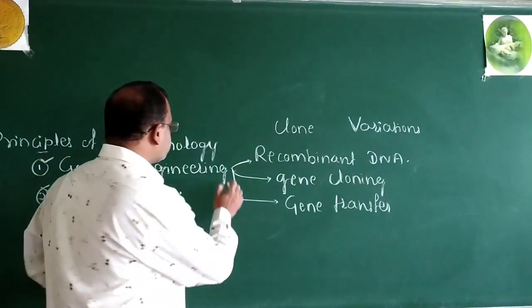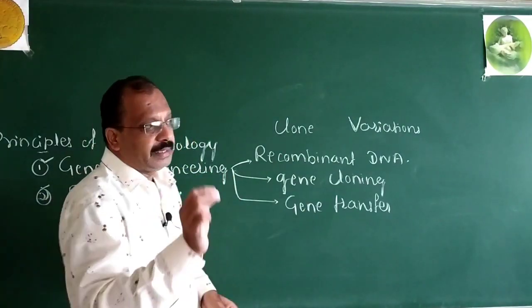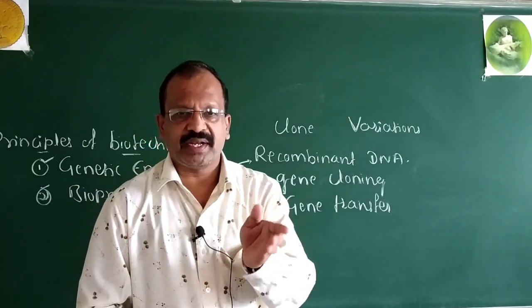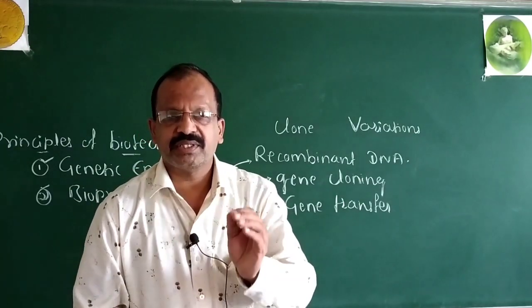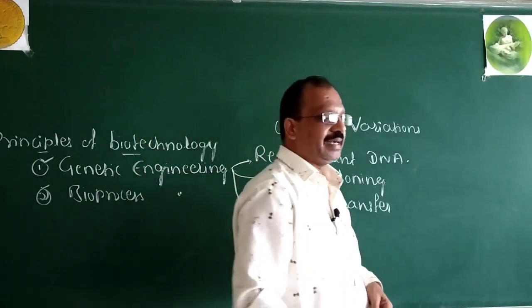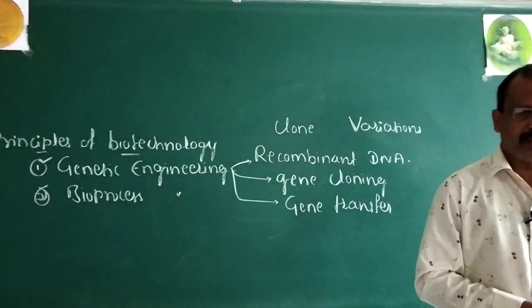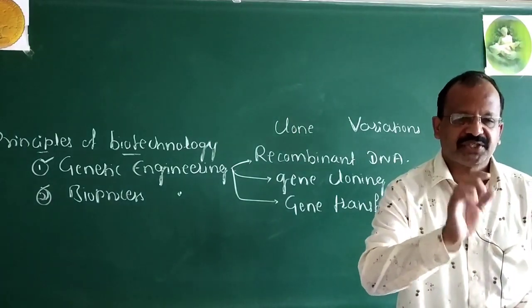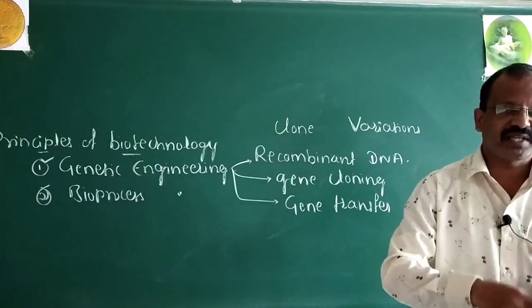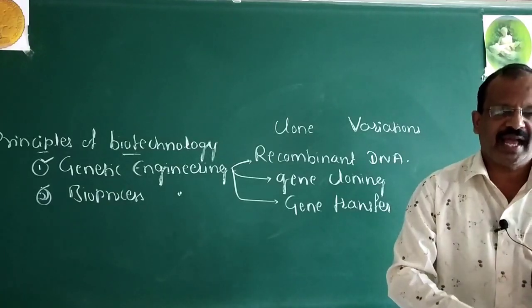Look over here. During sexual reproduction, variations are created. Some of the variations are useful. These variations are not created during asexual reproduction. In hybridization experiment, both desired and undesired genes are multiplied in the hybrid.